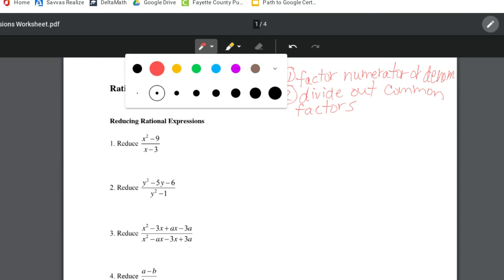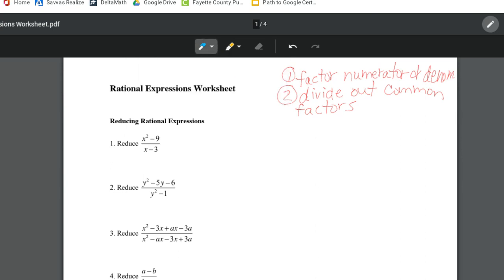So let me explain this with an example that's more numbers that we're more used to seeing all the time. Let's say I have the number 10 over 8, and I want to reduce this fraction. You're going to be reducing rational expressions, but you're going to be reducing algebraic expressions.